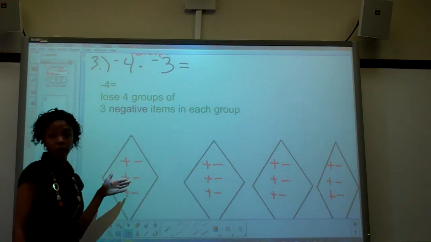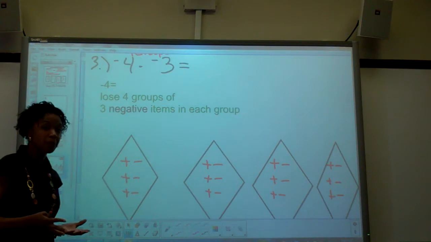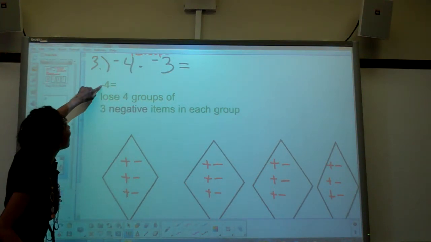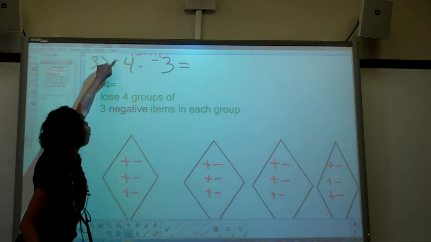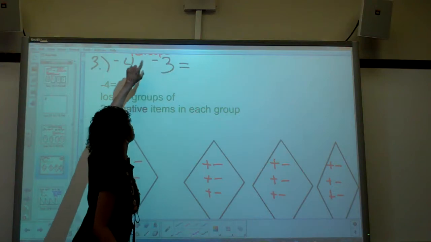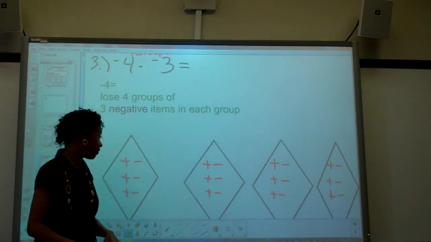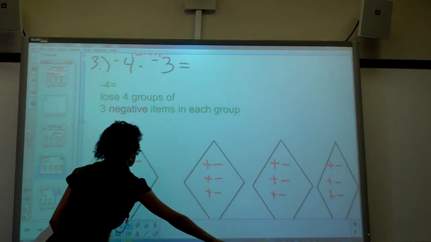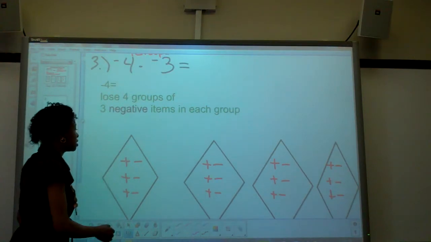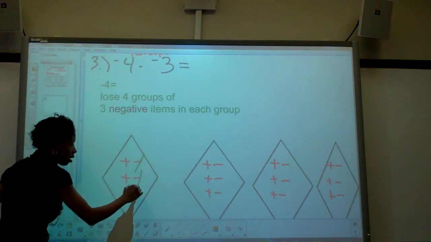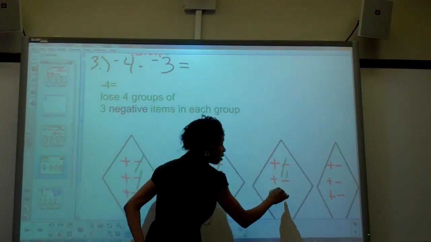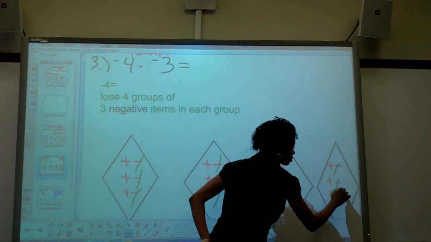What's in all 4 of these groups? Nothing, because there's zero pairs, which is worth nothing. But negative means lose. What are we getting ready to lose in each group? 3 negative items. Loss, loss, loss. We're losing the negative items. These are all being lost or gone.